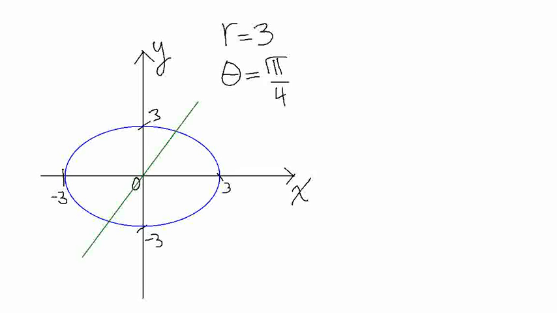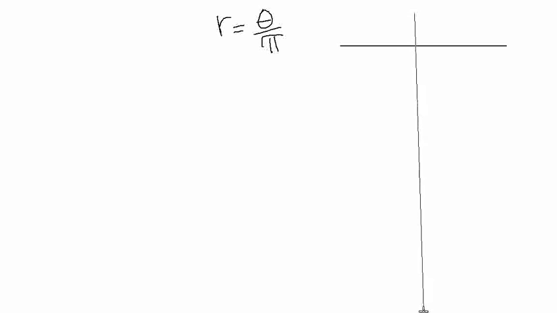Now let's do a little bit more involved example. What if we wanted to plot r equals theta over pi? What I would recommend when it's not obvious what a plot should be is that you make a table with some sample points. So let's put some theta values in one column and some r values in another column.